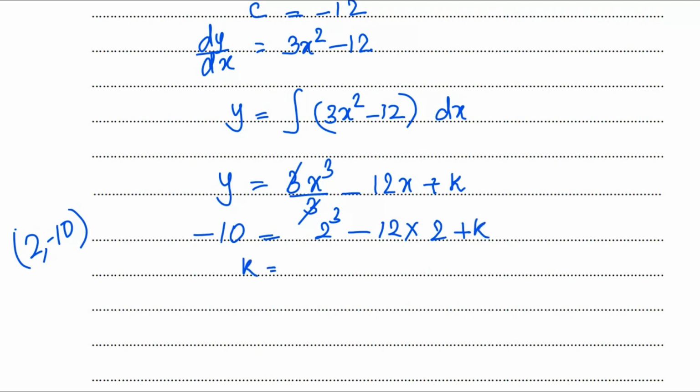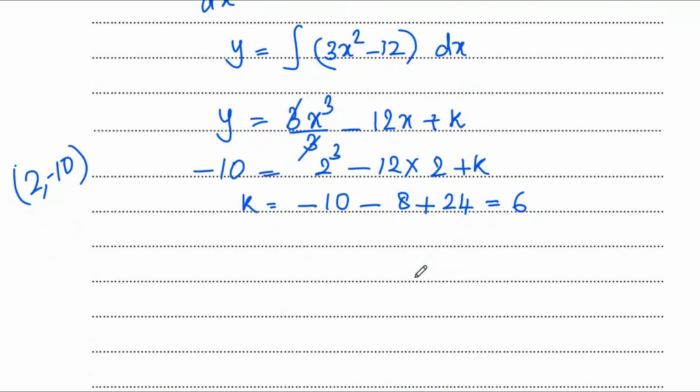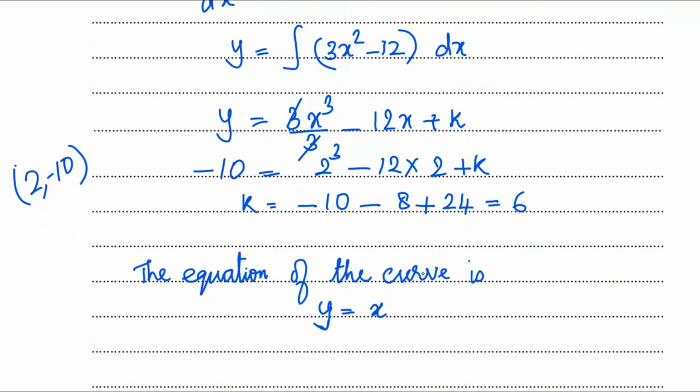So k is equal to negative 10, 2 cube is 8. So negative 8 plus 12 times 2 is 24. So this is equal to 6. So the equation of the curve is y is equal to x cube minus 12x plus 6.